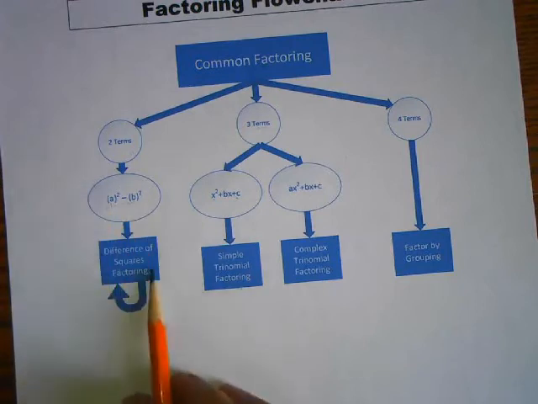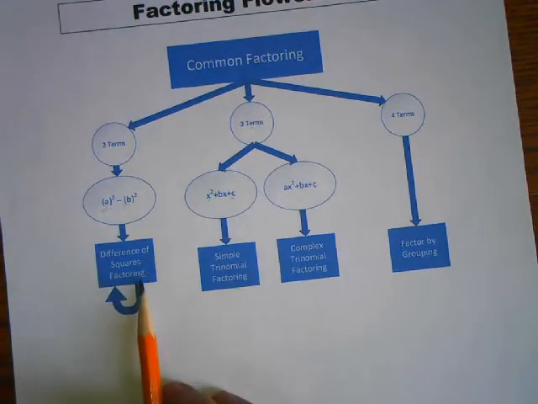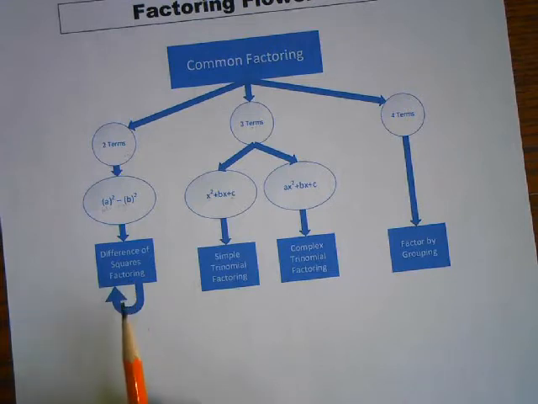Maybe if you do the first difference of squares and you just stop there, well, everything you've done is right, but you haven't really finished. We call that fully factoring, which means nothing left over is factorable.